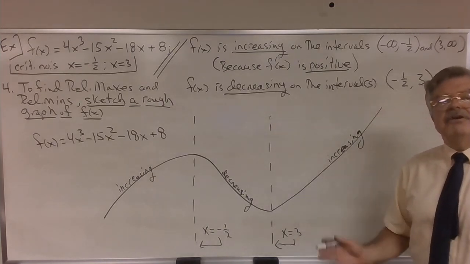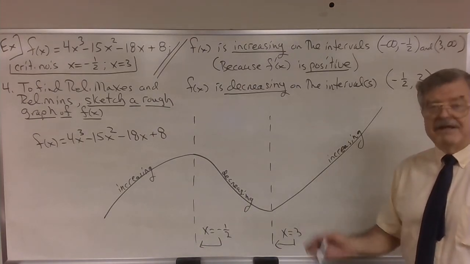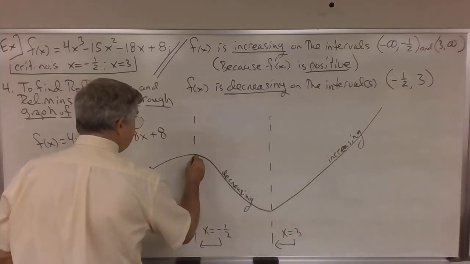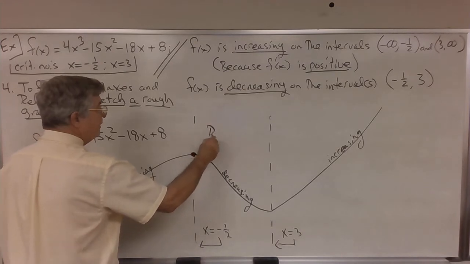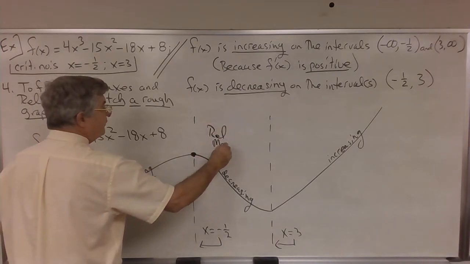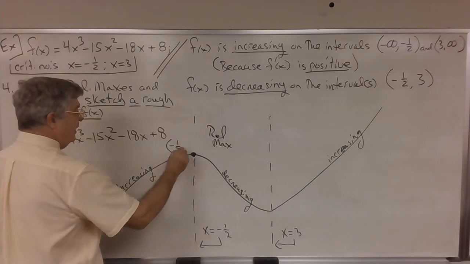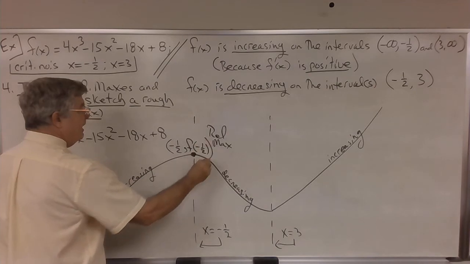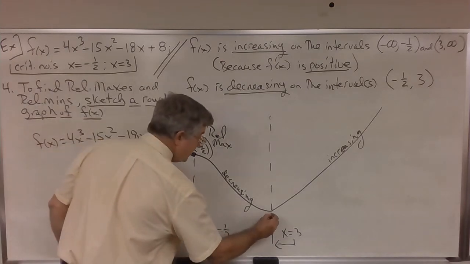And then I just look at my graph, and the relative maxes and mins jump out at me. Here's a high point. Well, son of a gun, this has to be a relative max. X equals -1/2, and the y coordinate is f evaluated at x equal -1/2. That's a relative max.